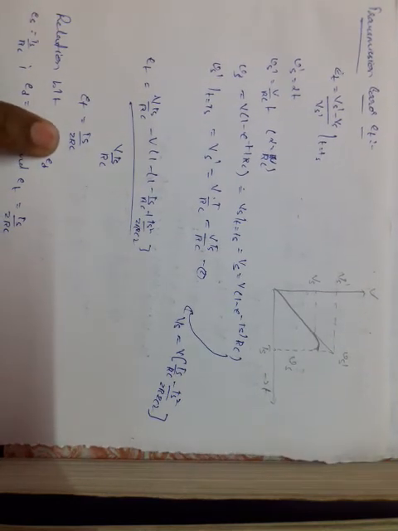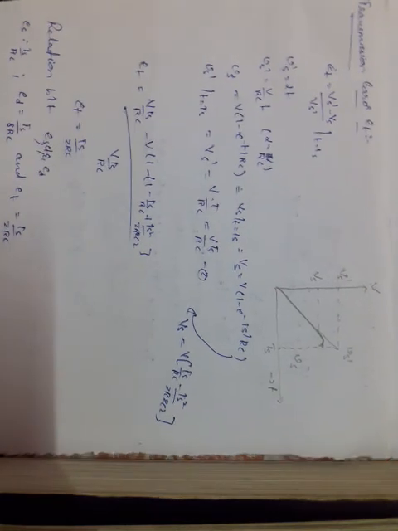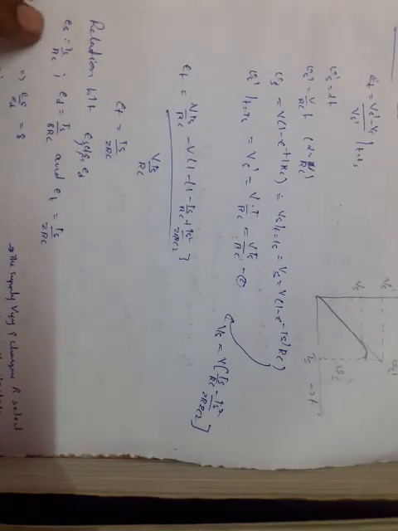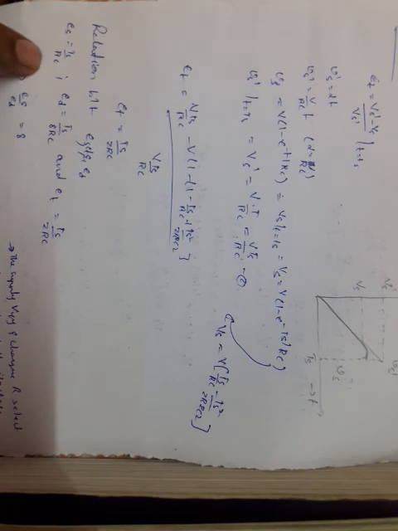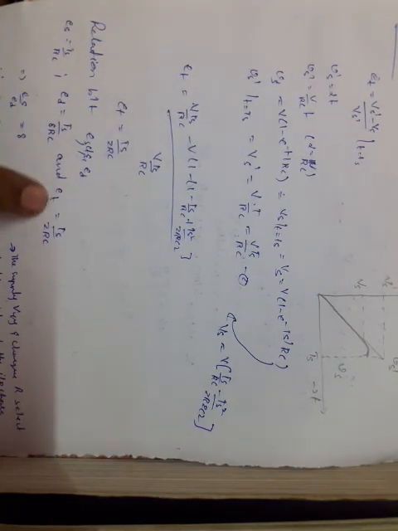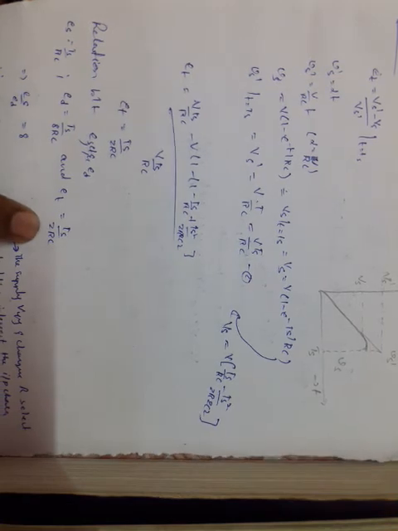After calculating these three errors, you have to calculate the relationship between them. It is given by Es equal to Ts by RC, Ed equal to Ts by 8 RC, and Et equal to Ts by 2 RC.